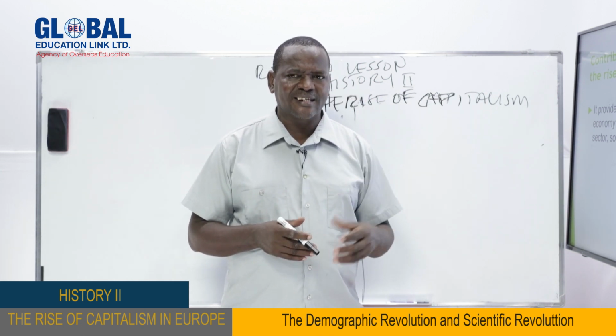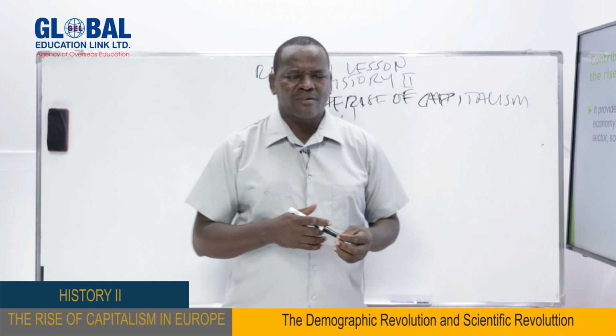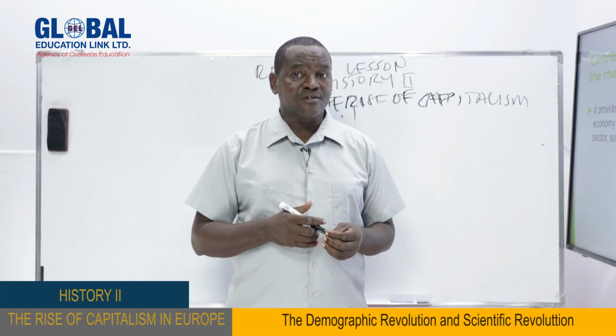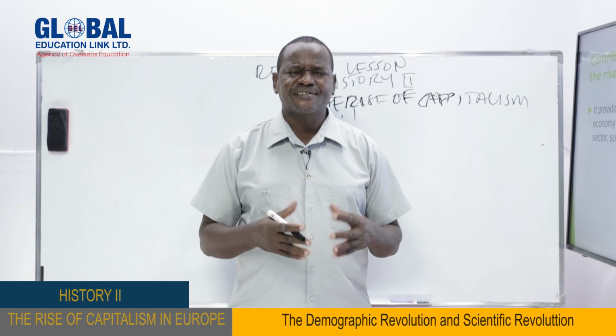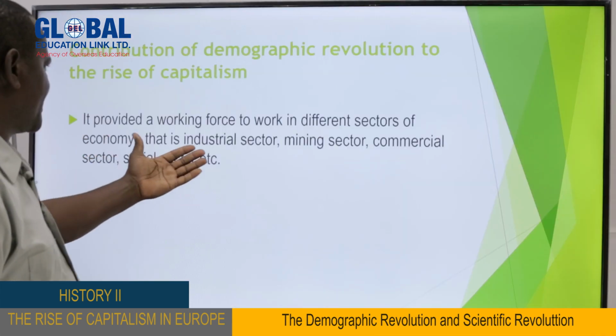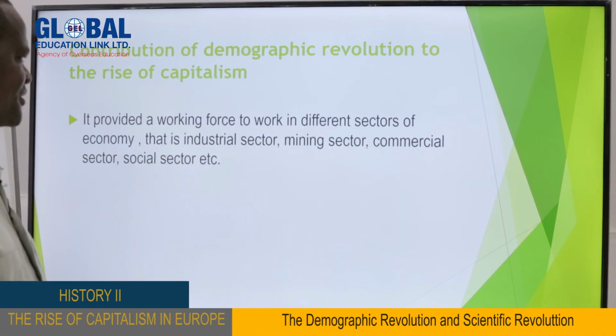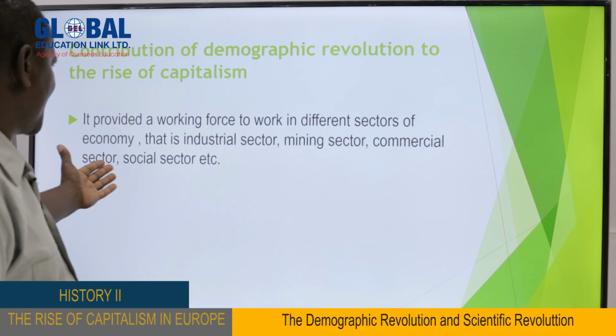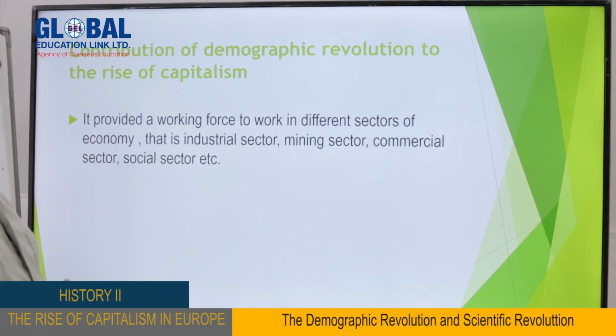Under feudalism, people were producing for use and not for exchange. But because of increasing population, people started to engage in different sectors of production, as you can see. For instance, here we have some people engaging in the industrial sector, others in the mining sector, others in the commercial sector, and others in the social sector.